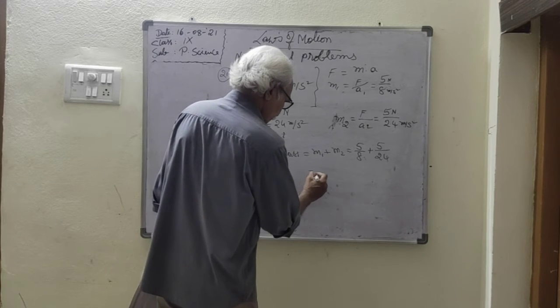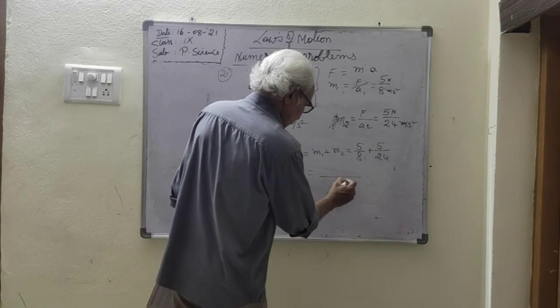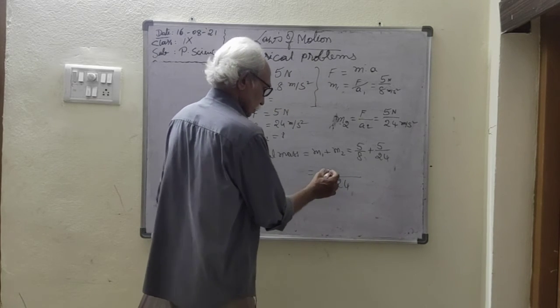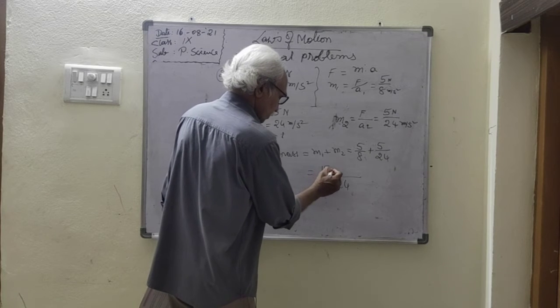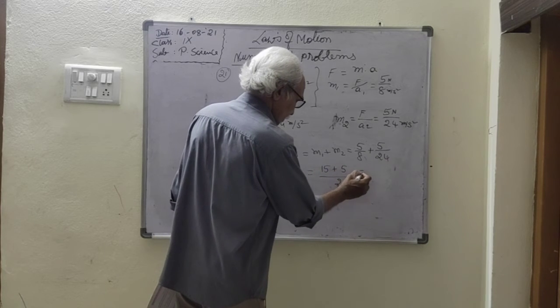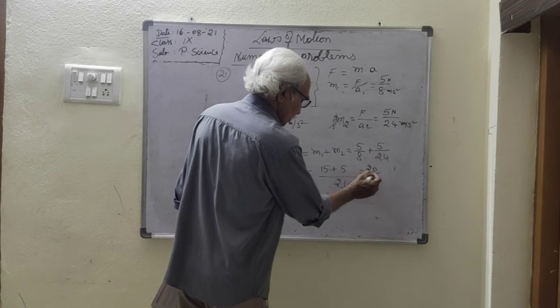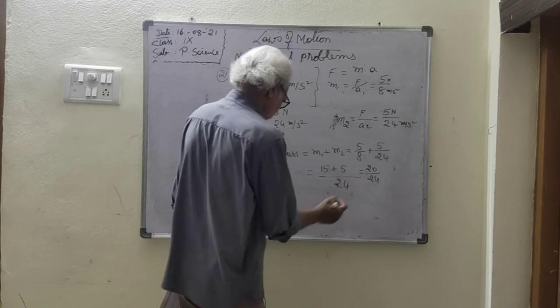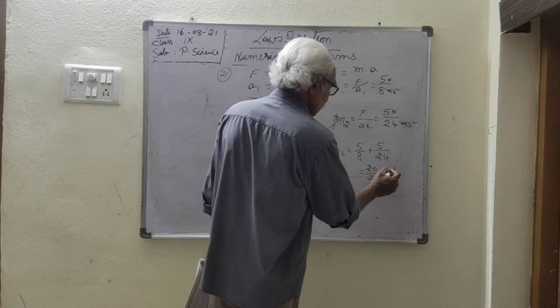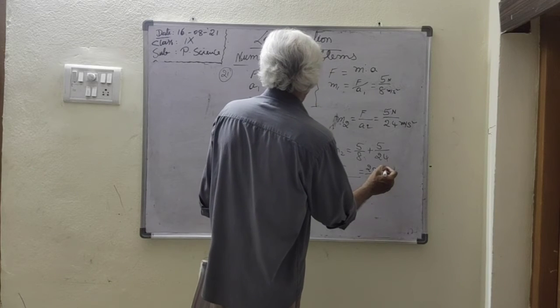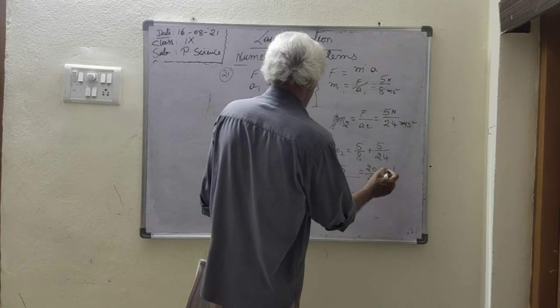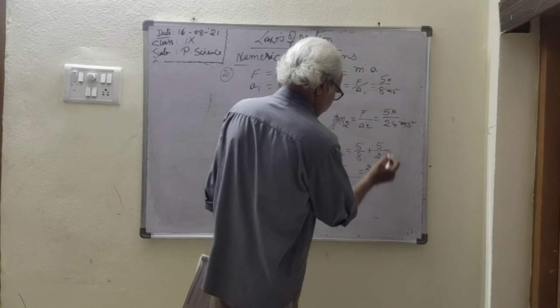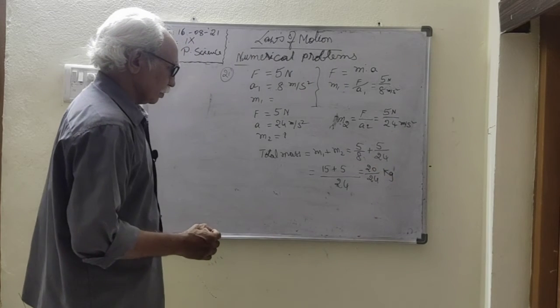So now you can find the addition is 24, 15 plus 5 is equal to 20 by 24. That is the total mass, 20 by 24 kg.